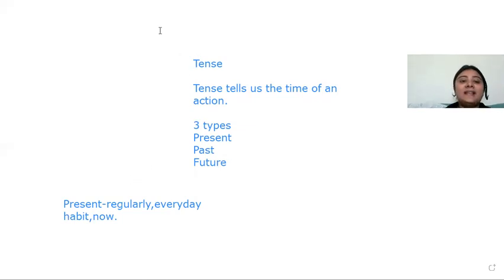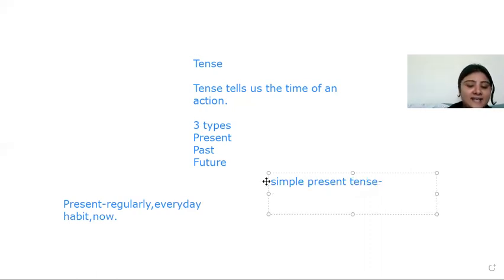Now in present tense, there is a small rule. What is the small rule of this simple present tense? Now first we are learning simple present tense. So what is the easy rule of the simple present tense?